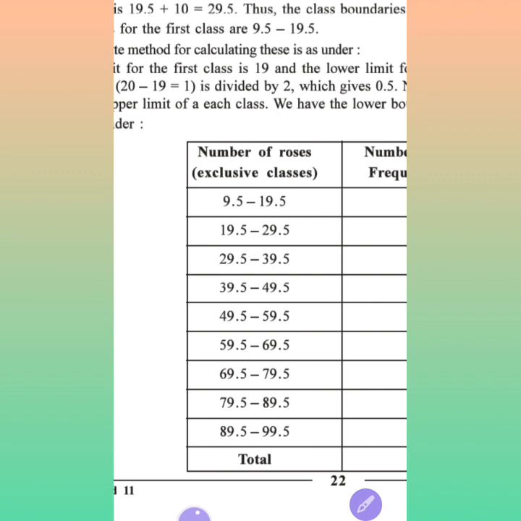If we take 30 to 39, how will we find out the exclusive classes? How will we find out the boundary point?